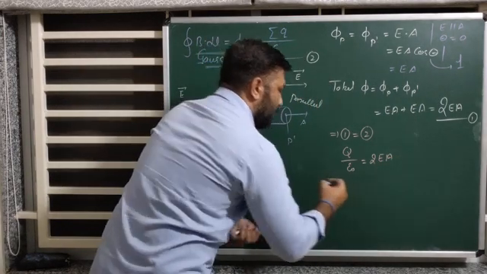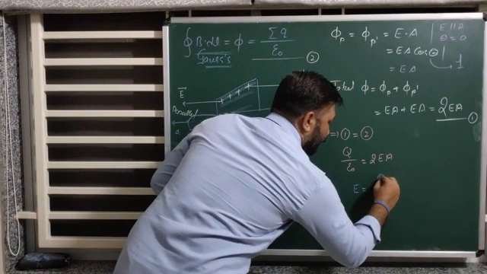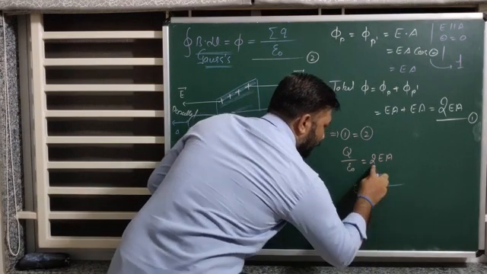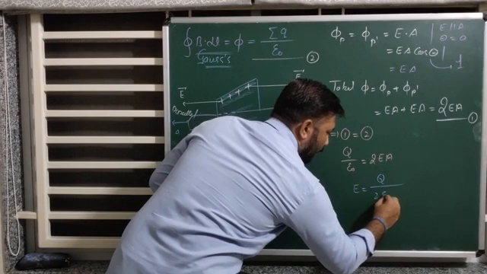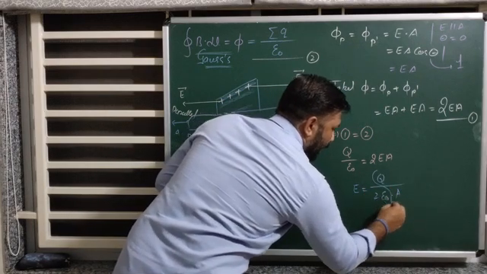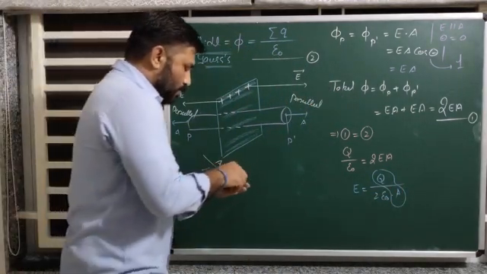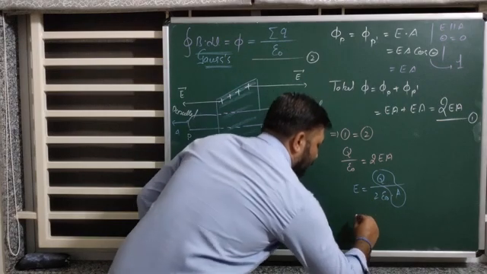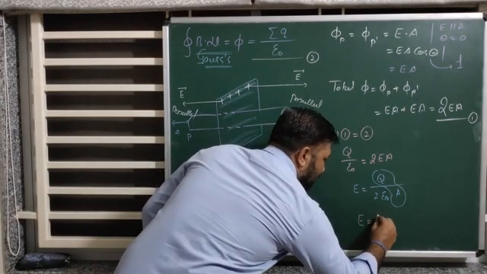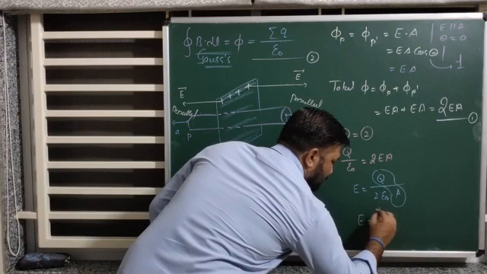Make E the subject. So E is equal to Q by 2 epsilon 0 multiplied by A. What is Q by A? Q by A is nothing but sigma. So you will get the last equation, E is equal to sigma upon 2 epsilon 0.